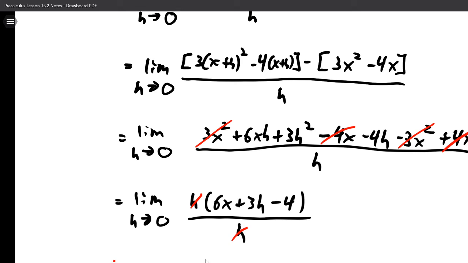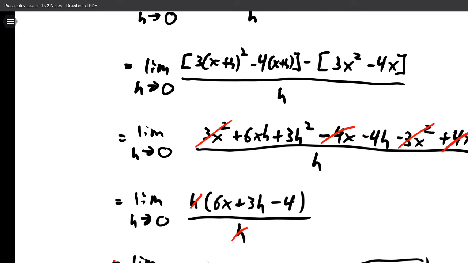So I'm left with the limit as h approaches 0 of 6x plus 3h minus 4. I can evaluate this limit now because I can plug 0 in for h, and what am I left with? I'm left with 6x minus 4.